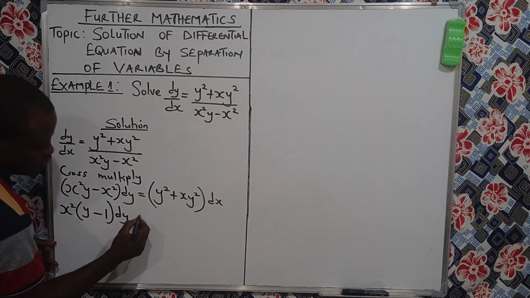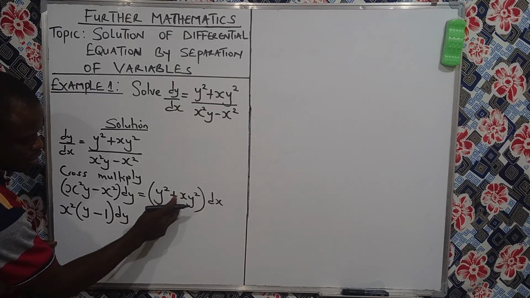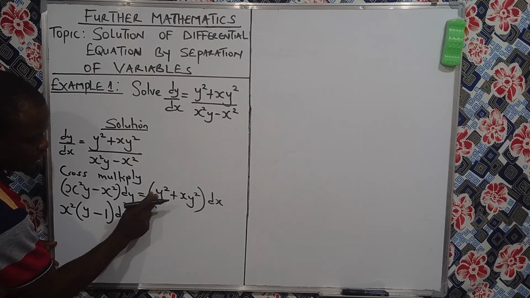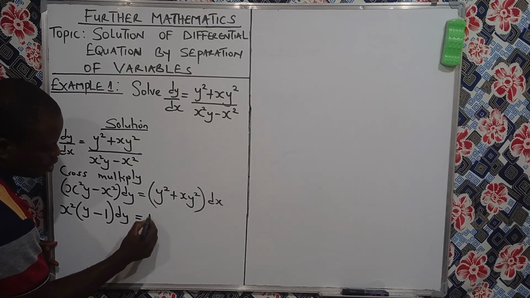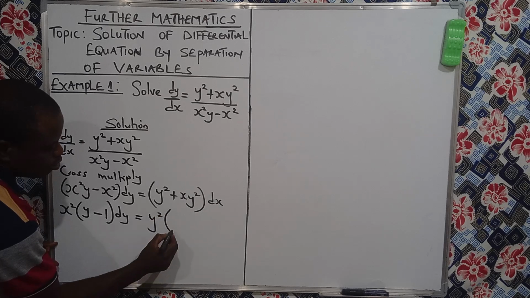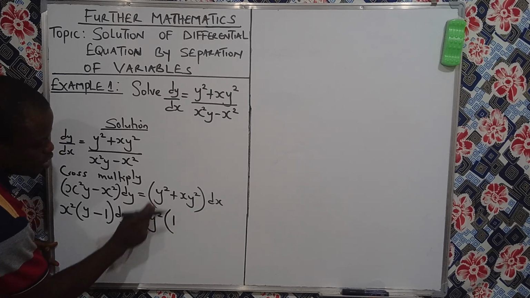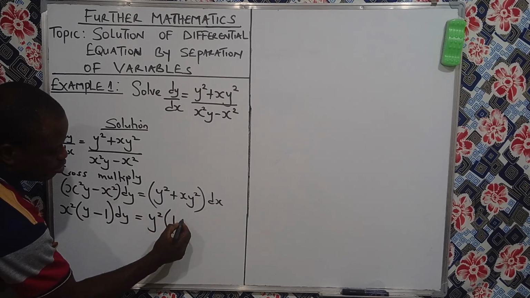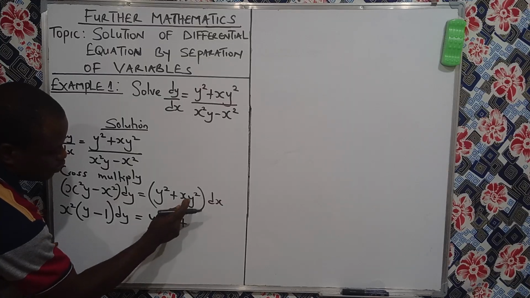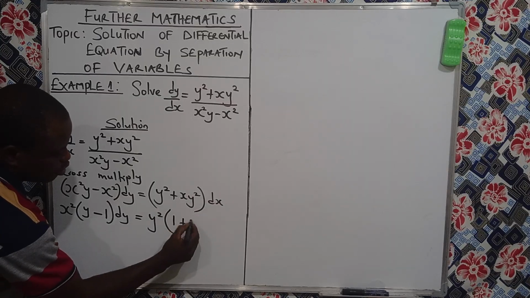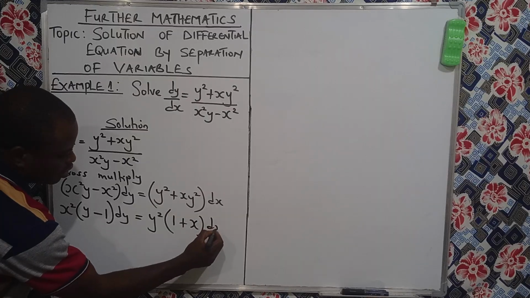Now what's common between y squared plus xy squared? You can see that y squared is common, equals y squared, open bracket, you are left with 1 because y squared goes in y squared one time, plus when you factorize y squared, you are left with x, dx.